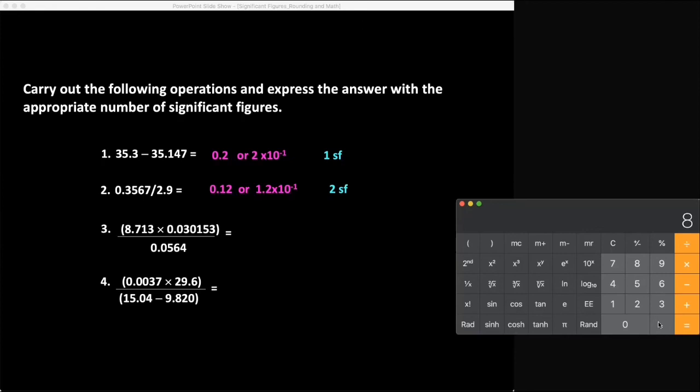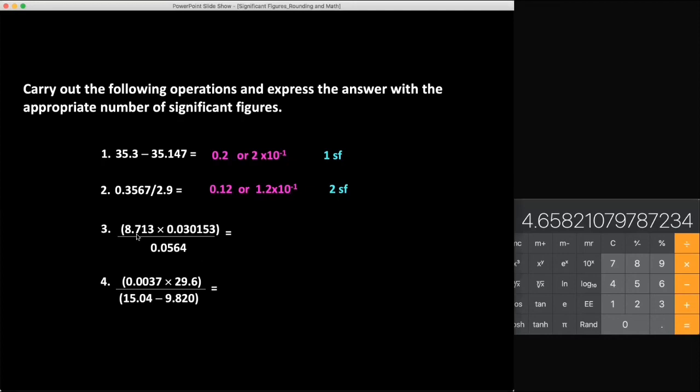So 8.713 times 0.0300153, close the parentheses, divide by 0.0564, and I got 4.6582, and so on. Remember, I kept all my numbers to the very end.